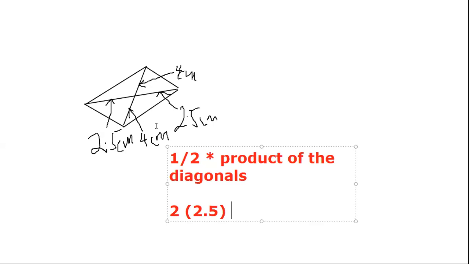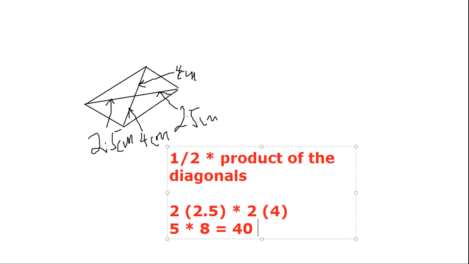The same applies to the 4. As we are having 2 of them there, we have one 4 and another 4, and one 2.5 and another 2.5. Therefore, 2 times 2.5 will give us 5, then 2 times 4 will give us what? 8. 8 times 5 will give us 40.